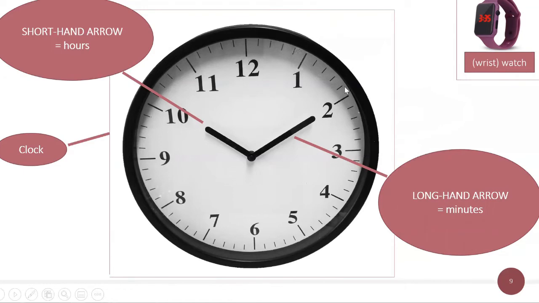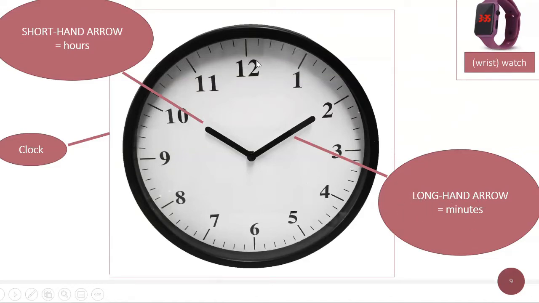So we have 1, 2, 3, 4, 5, 6, all the way up to 12. Then, of course, we have the longhand arrow. The longhand arrow helps you to tell how many minutes have passed in that hour.